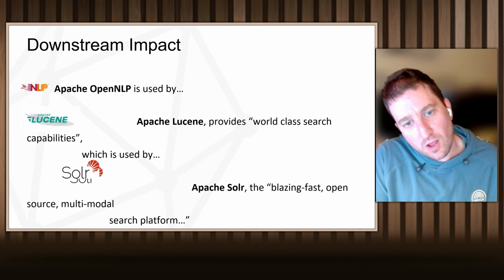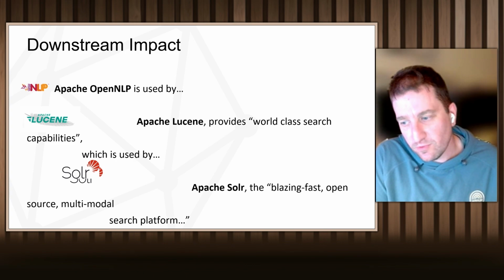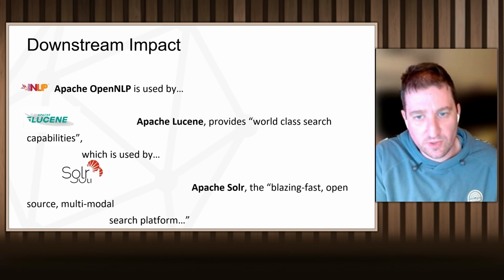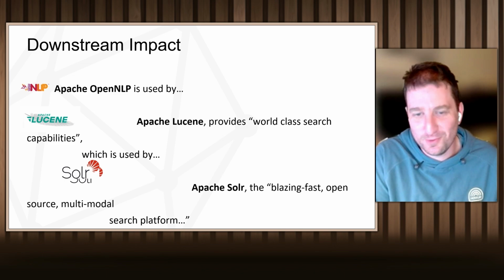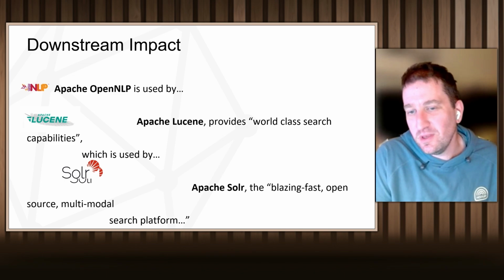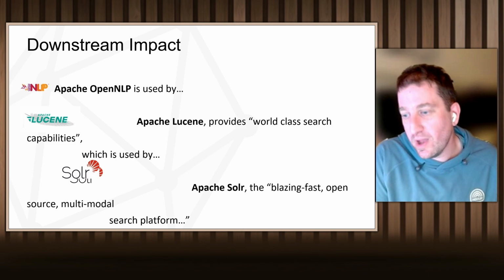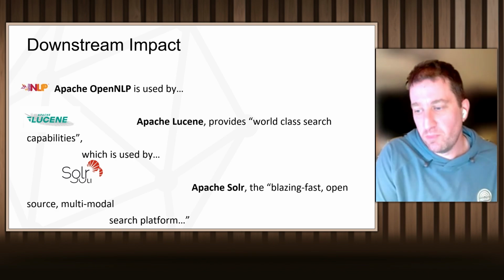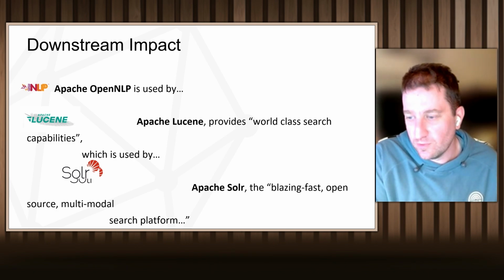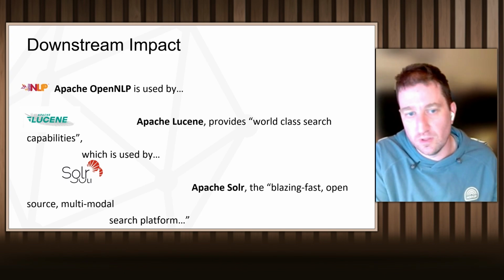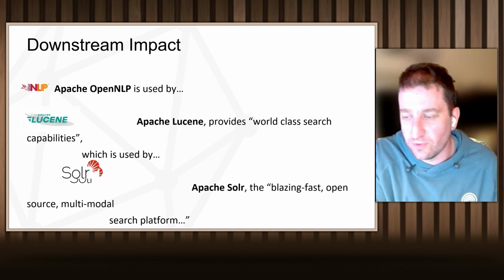But it also had some downstream impacts. OpenNLP is used by Apache Lucene, which is used by Apache Solr. Apache Lucene is the open source search engine library that's used by Solr and Elasticsearch and OpenSearch and so forth.